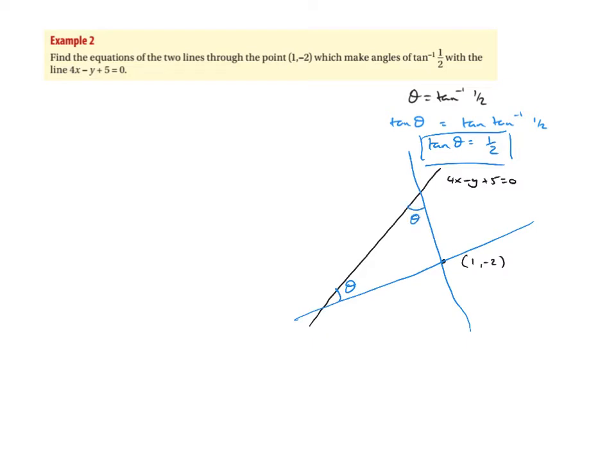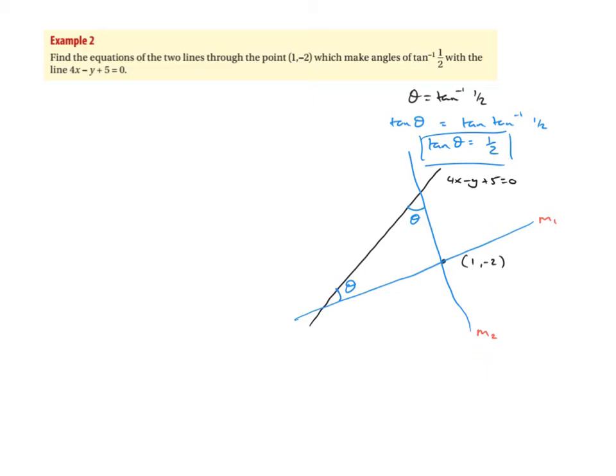Those two angles are the same, but notice how there's going to be two different slopes for these lines. So this could be line 1 and line 2. It means we're going to get two different slopes, and that means we can get the two equations. We have a point, and we need to find these two slopes now in order to find the equations of this line and this line.